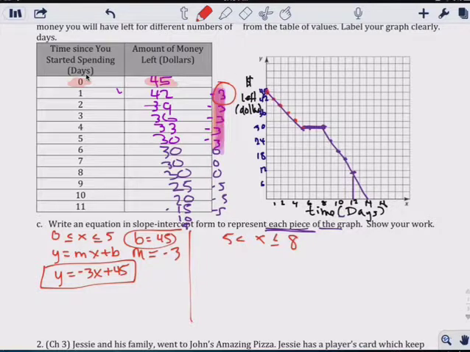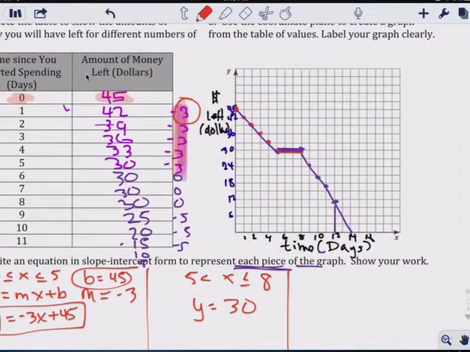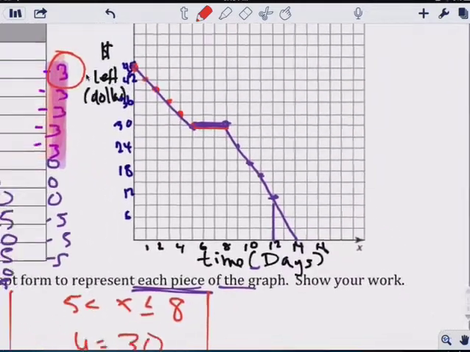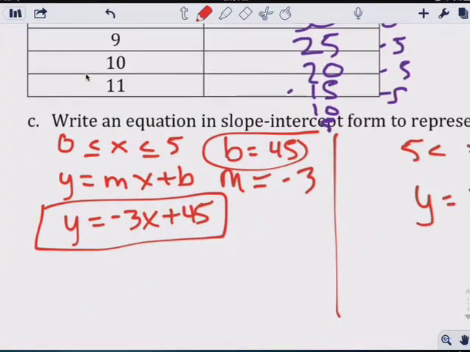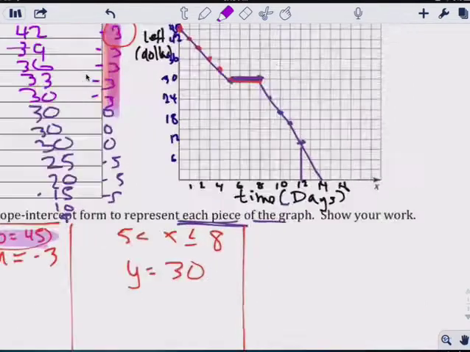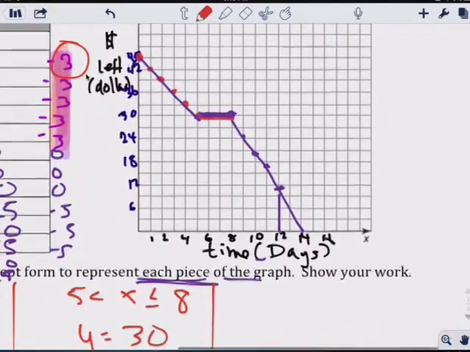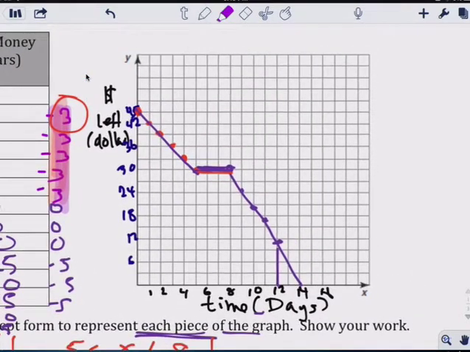So 5 to 8 hours is basically y equals 30. It's a horizontal line. Okay, and this last one, you have to use point slope because we don't know what the y-intercept is. The only reason why I don't use point slope here is I know the y-intercept. But this line here, I can only guess what the y-intercept will be.